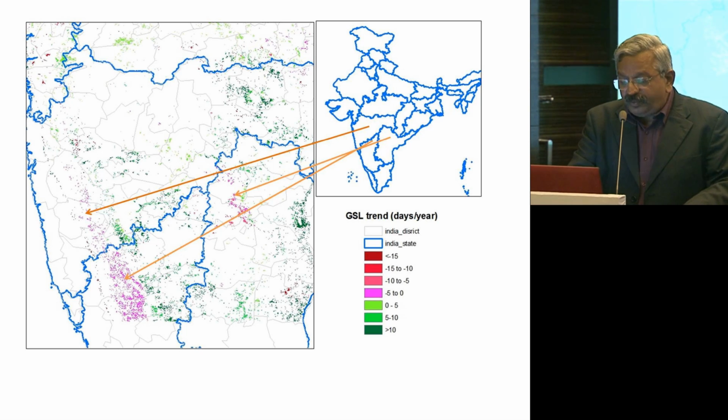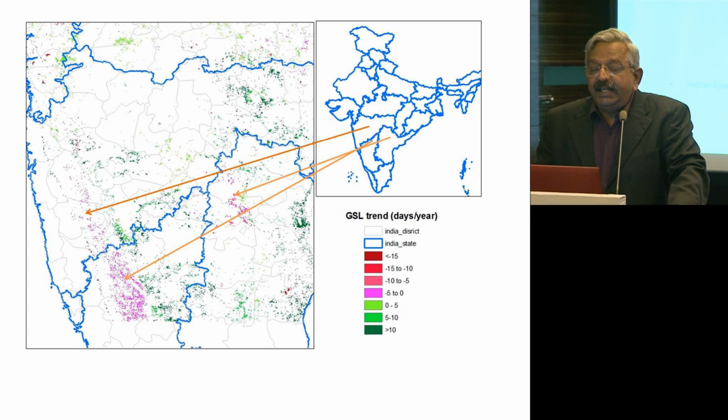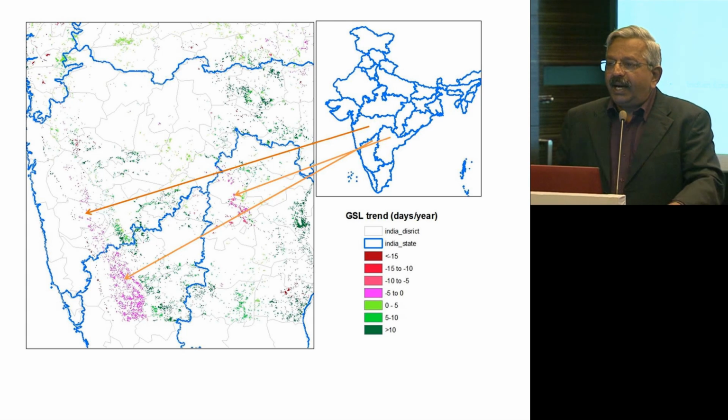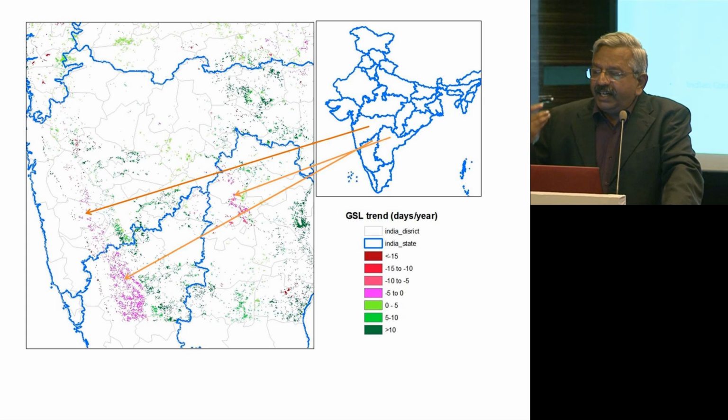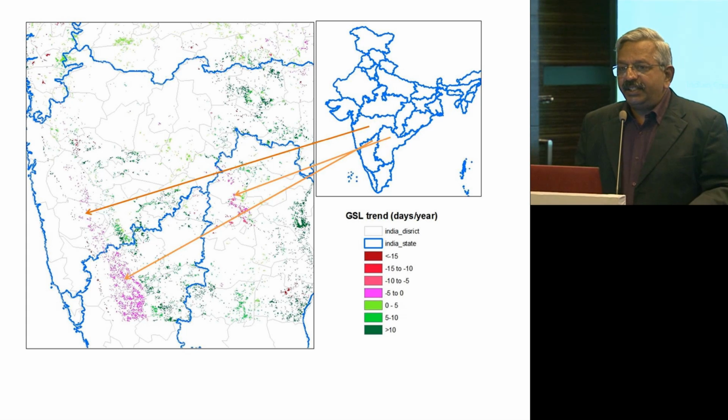But I think that we need at the very least complementary ways of talking about economic impacts of climate change. One is learning from current climate variability. Second is figuring out exactly what is the relationship between development and climate.